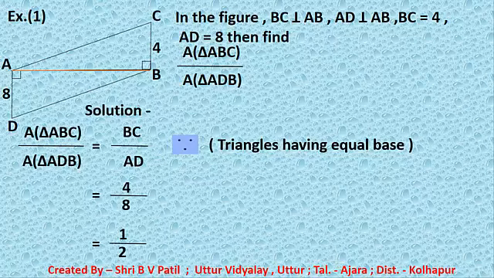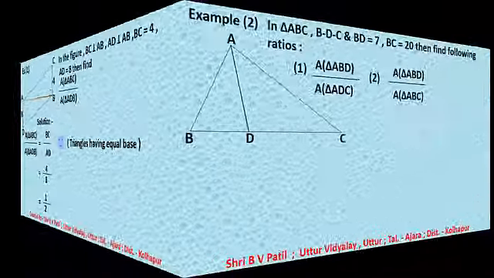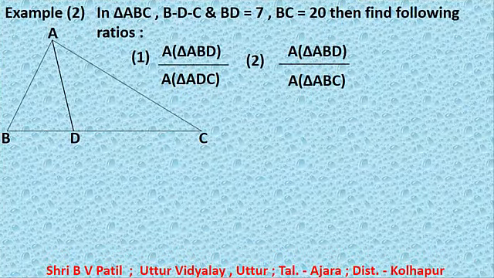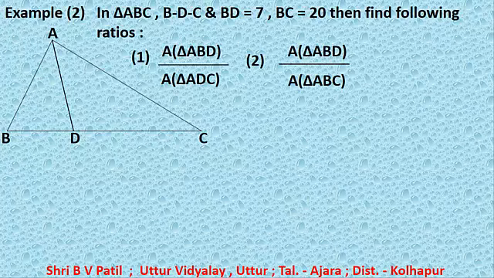Second, in triangle ABC, D lies on BC, and BD is equal to 7, BC is equal to 20. Then find the following ratios. In solution, we find value of DC.